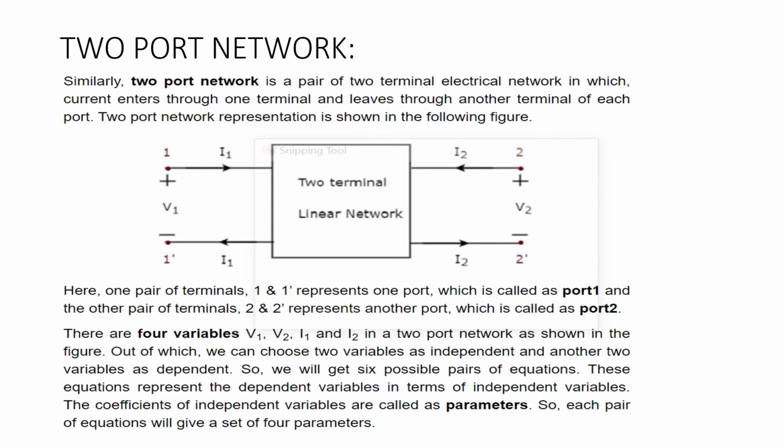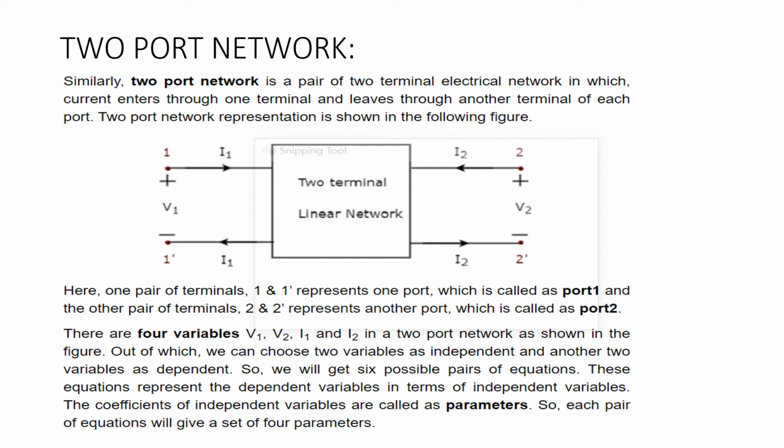Now next is two port network. Similarly, two port network is a pair of two terminals electrical network in which current enters through one terminal and leaves through another terminal of each port. Two port network representation is shown in the following figure. There is a block of two terminal linear network, two terminals for V1 applied voltage and two terminals for V2 applied voltage.